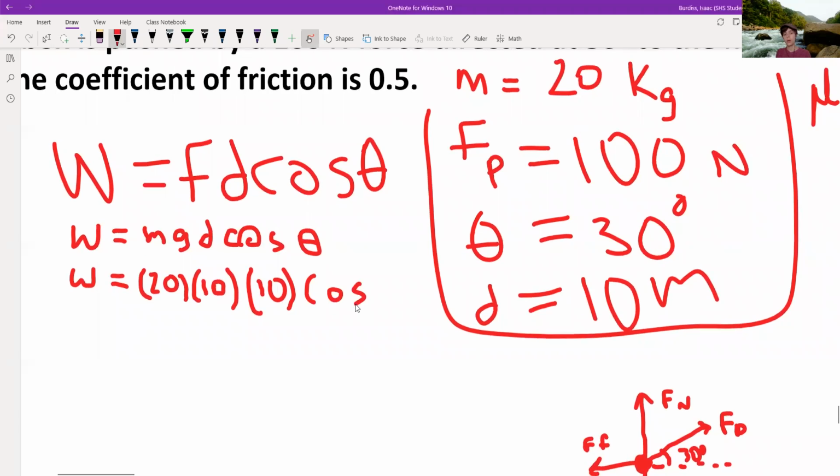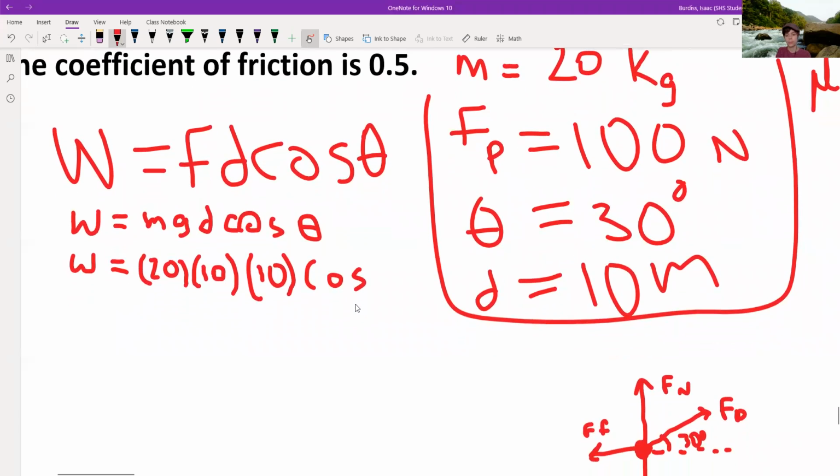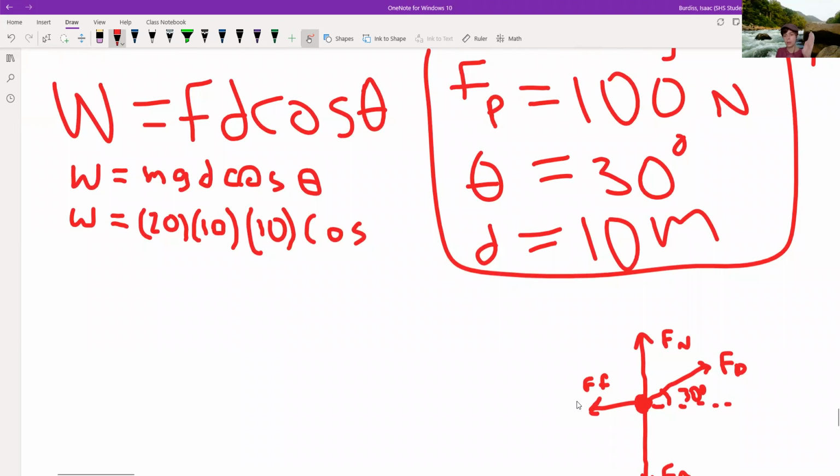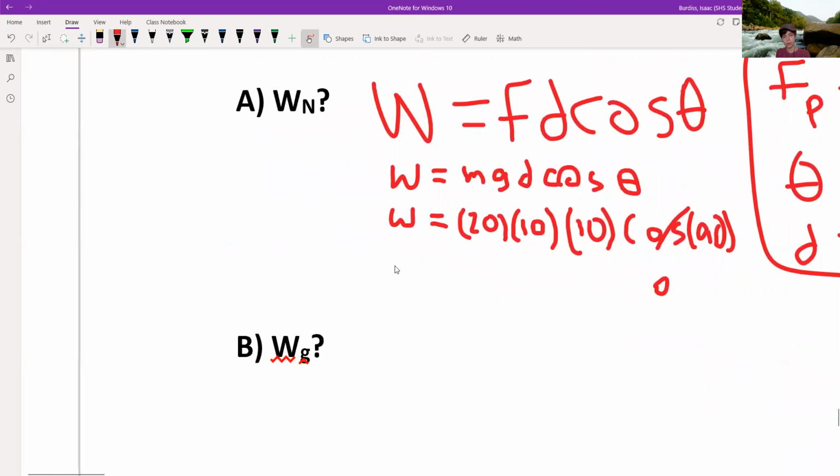Well, it's always the angle with the surface at which the force is applied. That is a 90-degree angle with the surface. So the angle is 90. But if you know, cosine of 90 is 0. So that means the whole entire thing is 0. So the work done by the normal force is 0 joules is the unit.